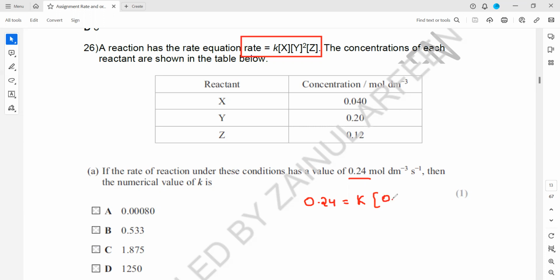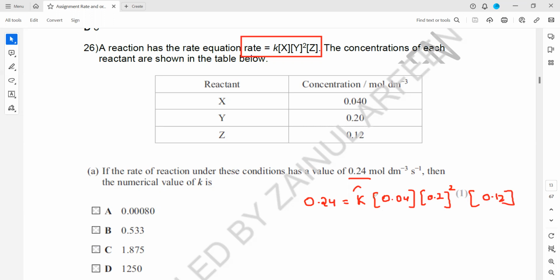That is 0.040 or 0.04. The concentration of Y is 0.2, and then it is squared, and the concentration of Z is 0.1.